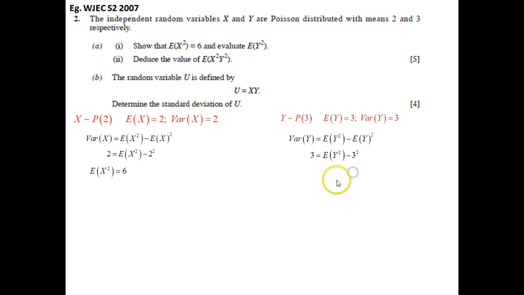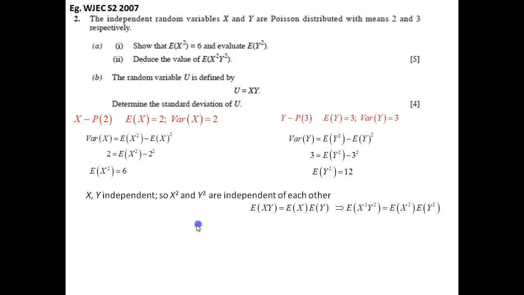Do the same for the variance of y. So we know the variance of y is 3 and the expected value of y is 3. Rearrange and we get the expected value of y squared is 12. Now, as x and y are independent, so x squared and y squared are independent of each other, so I can get the expectation of the product of those two.